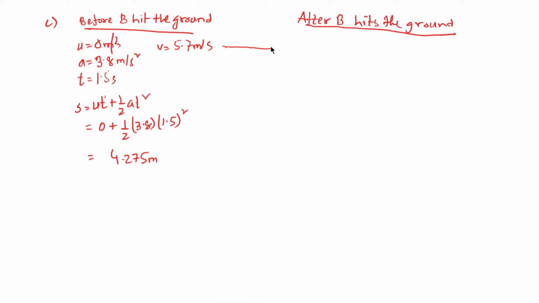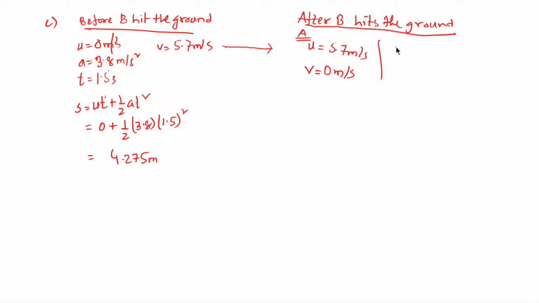Now before B hits the ground, its final velocity was 5.7. After B hits the ground, the velocity of B becomes the initial velocity for A. So for A, u will be 5.7 meters per second, and the final velocity will be 0 meters per second. Now we need to find the new a.